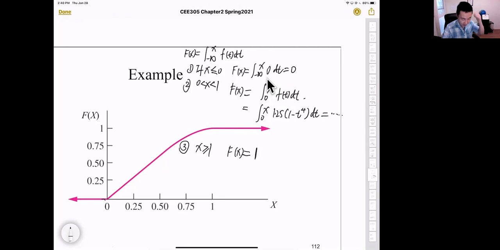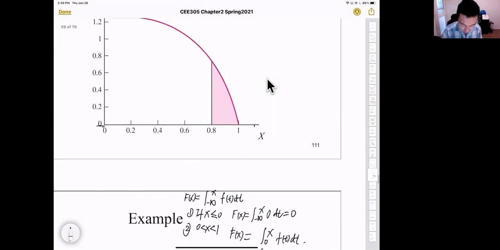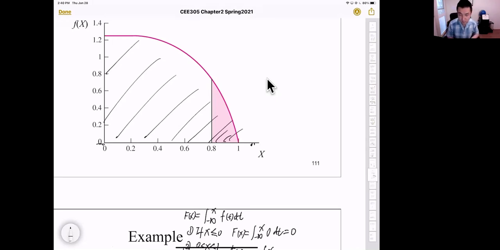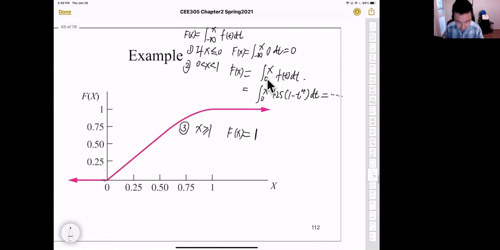Again, because when x is larger than 1, we should consider the whole area under that curve. And we know from our calculation that the whole area is 1.